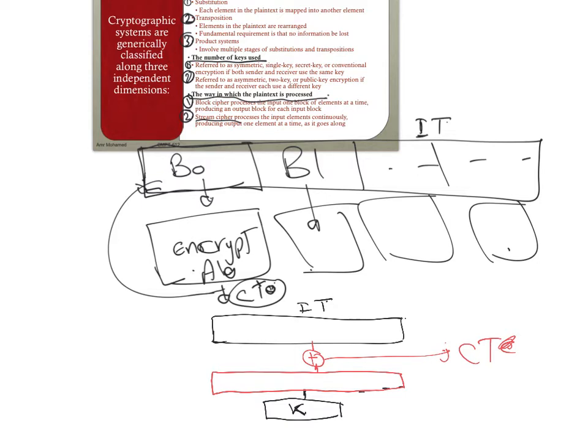So you don't have to transform the input text into blocks. You just convert the key using a certain algorithm to another text that will be XORed to produce the ciphertext.